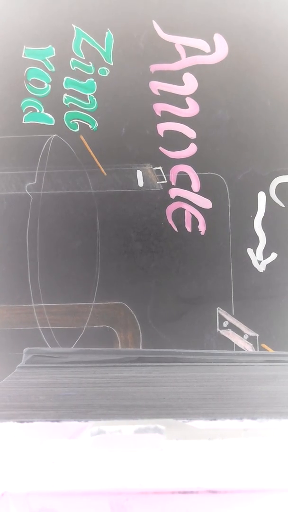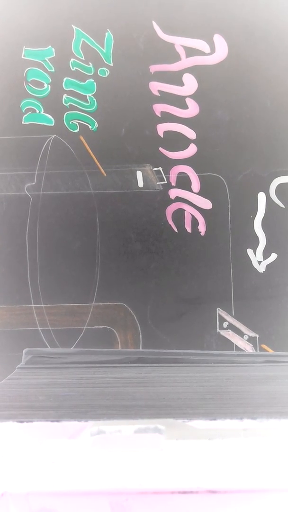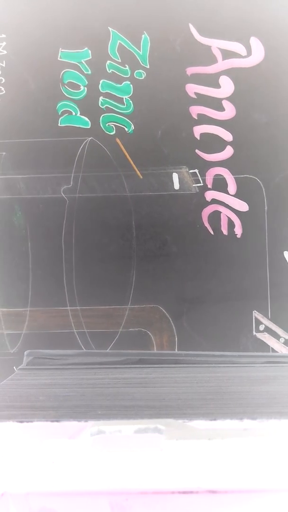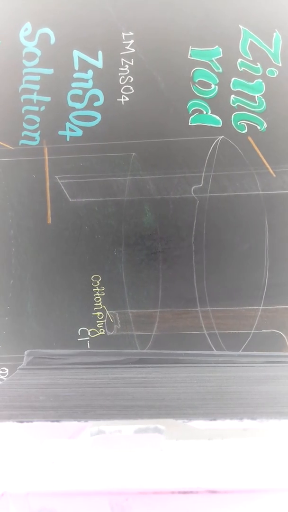This is the diagram. At the anode there is a negative sign, and a zinc rod is there. The zinc rod is dipped in its own ion solution, that is ZnSO4.